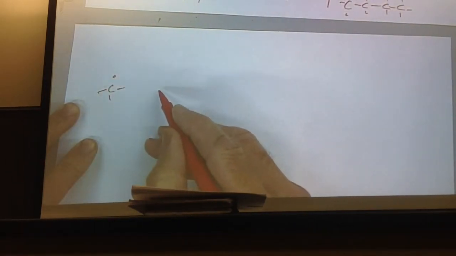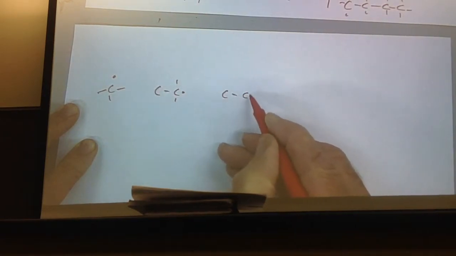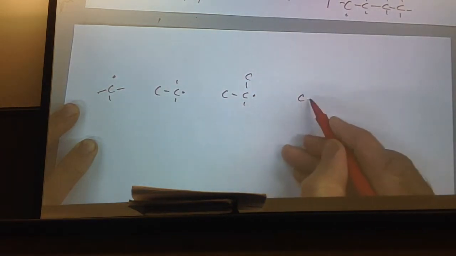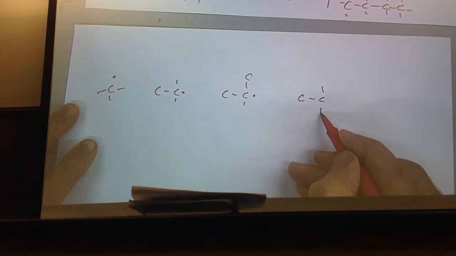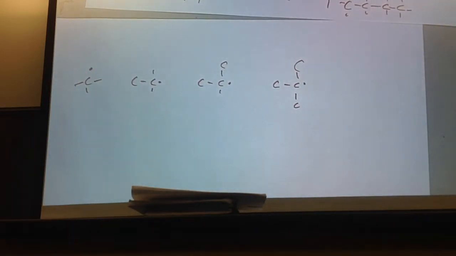So for instance, remember the stabilities? A methyl radical is not that stable. A first degree radical is a little bit more stable. A second degree radical is even more stable. The most stable radical, the one that has the lowest activation energy, the one that's easiest to form, is the third degree radical. Okay?